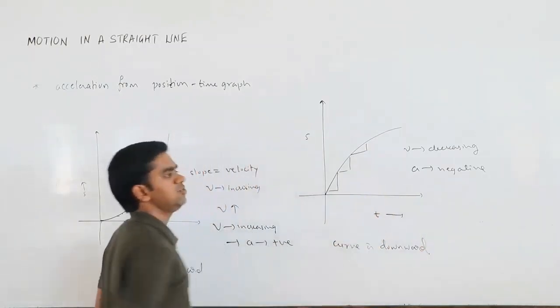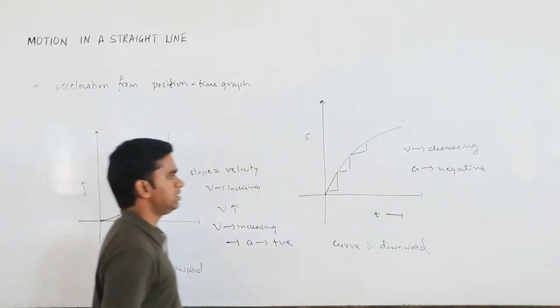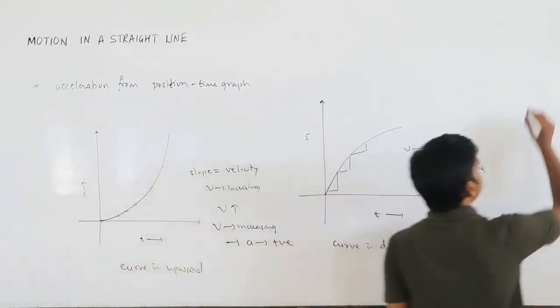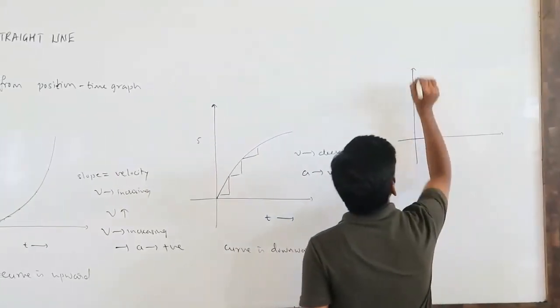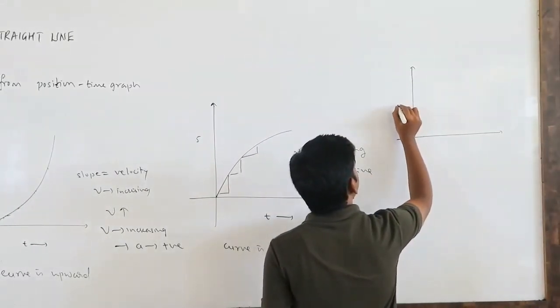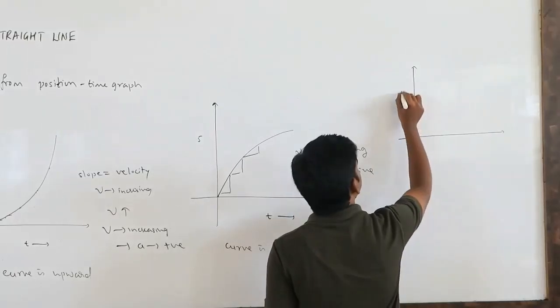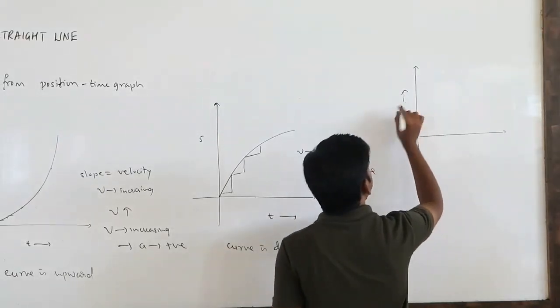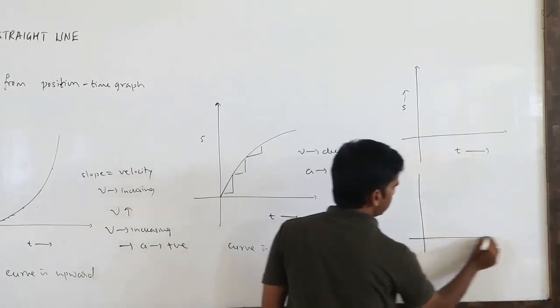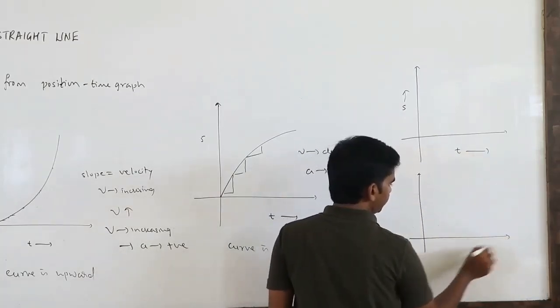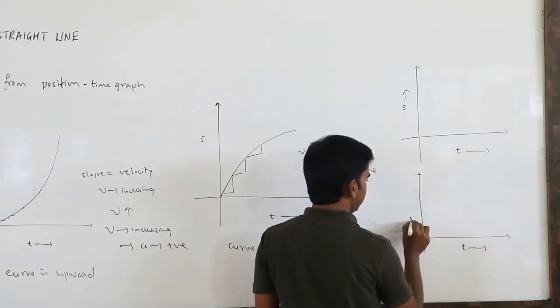Okay. So that is why if you refer to your NCERT book, you will see two graphs. They have drawn acceleration, position along here. They have taken s or x, whatever. So we are taking s. Time here, and one more graph is like this. Here it is time, and here it is position.